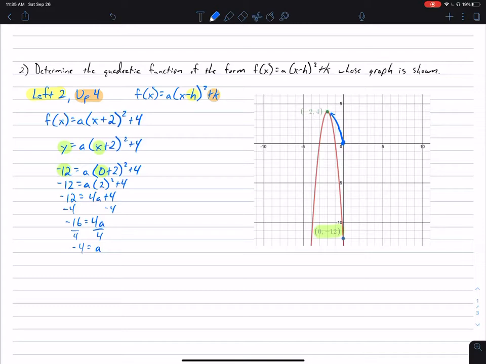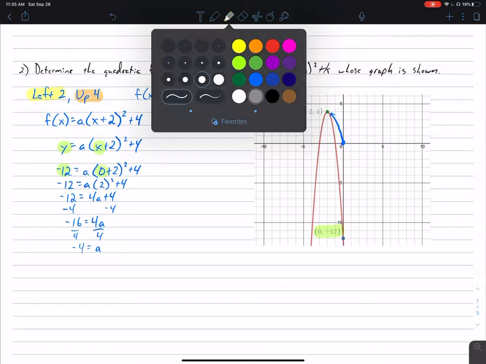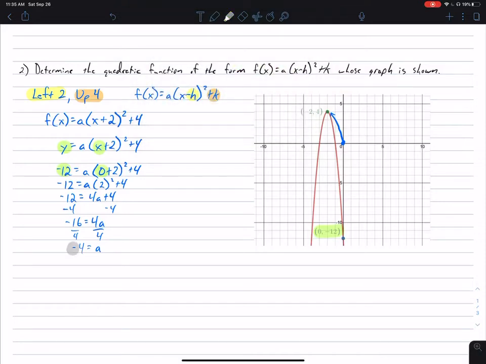Well, one, we can plug in other points into the eventual equation we get. But one of the key things I would definitely note here is this negative. My parabola is kind of upside down. It's reflected. So that a tells me that it should have been reflected. It should be upside down, which at least I know I have the negative right.